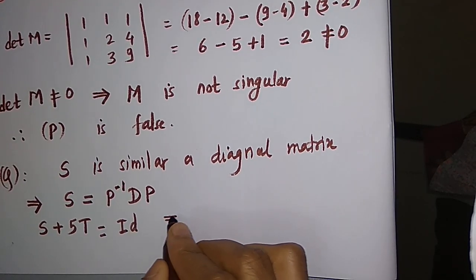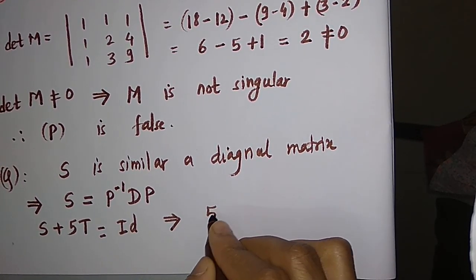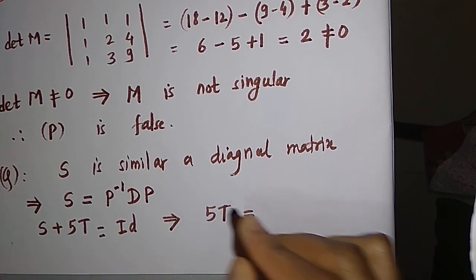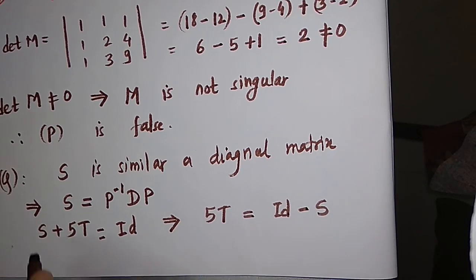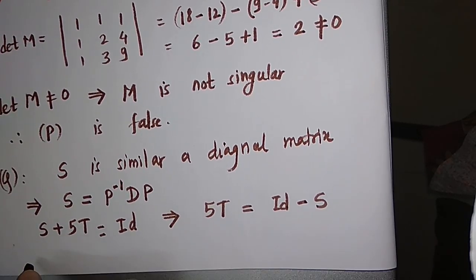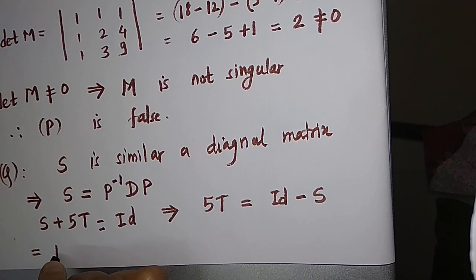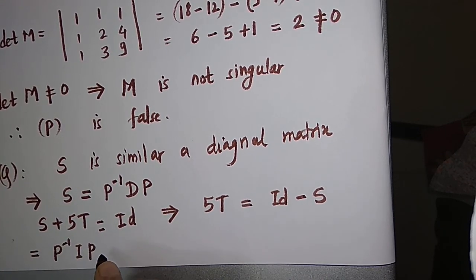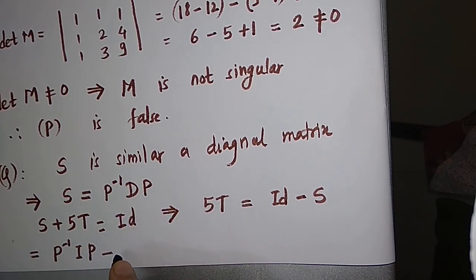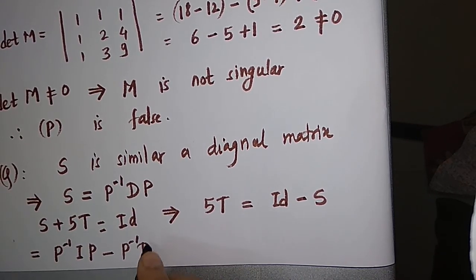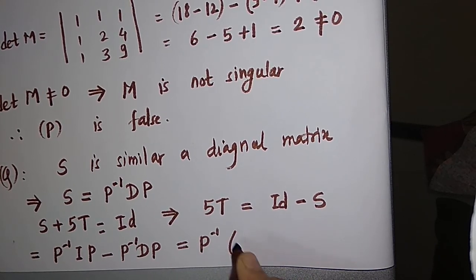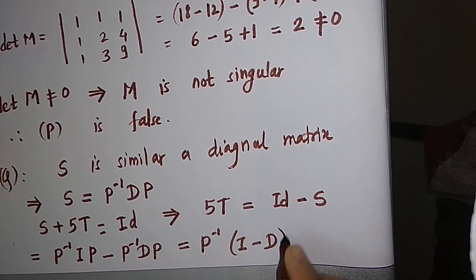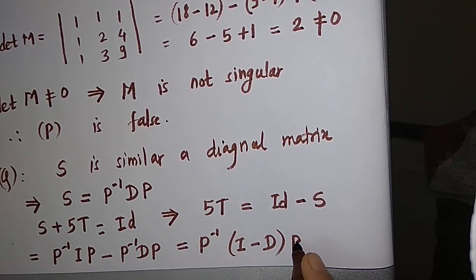So, this implies 5T is equal to identity minus S. Now, you write the identity matrix as P inverse identity matrix times P, and we know that S is equal to P inverse DP. So, this is equal to P inverse (identity matrix minus D) times P.